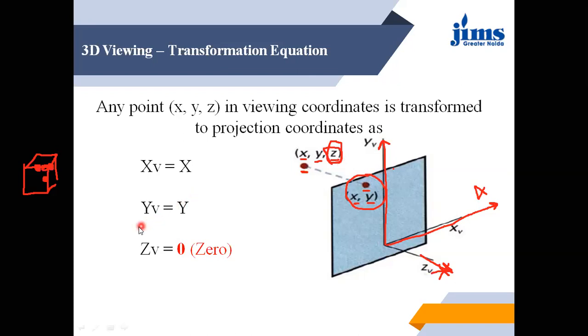And when the value of this coordinate is 0, there is no need to represent the z coordinate value. So we have to represent this xyz in xy. This is the basic concept behind this, and these are called the transformation equations in projection.